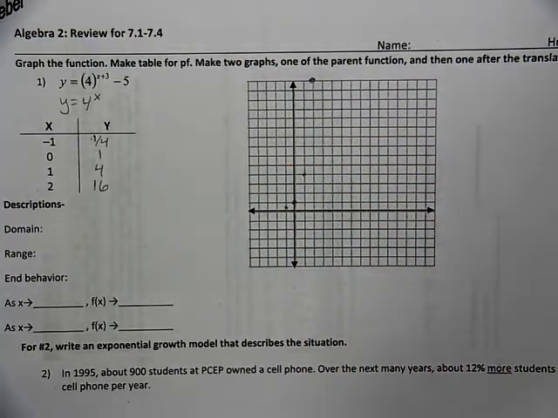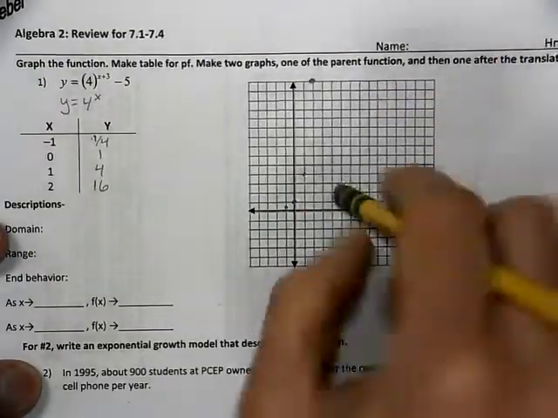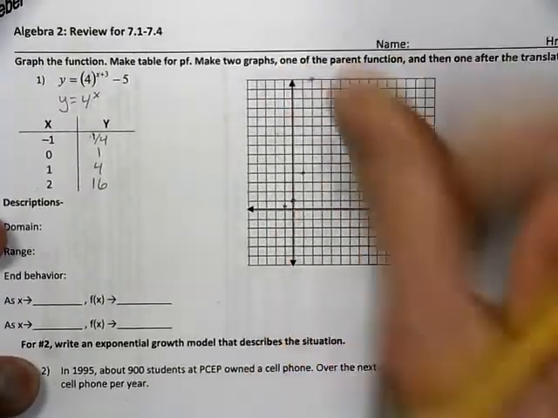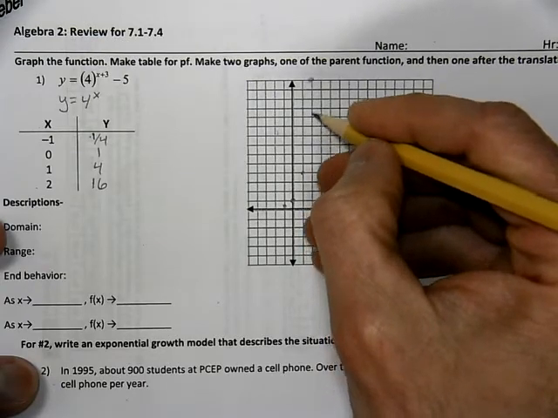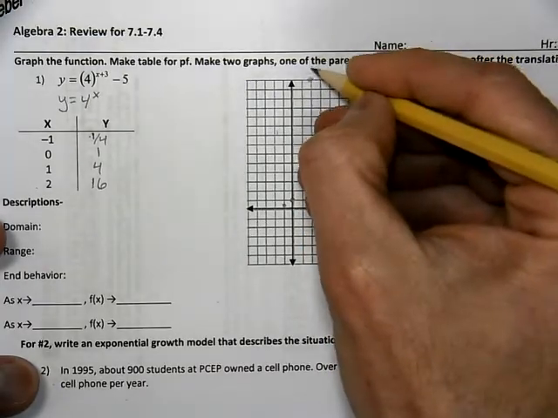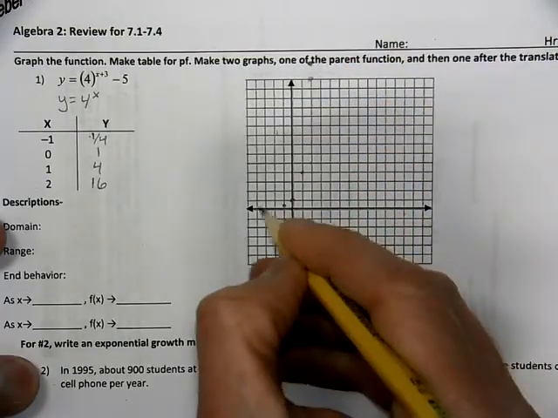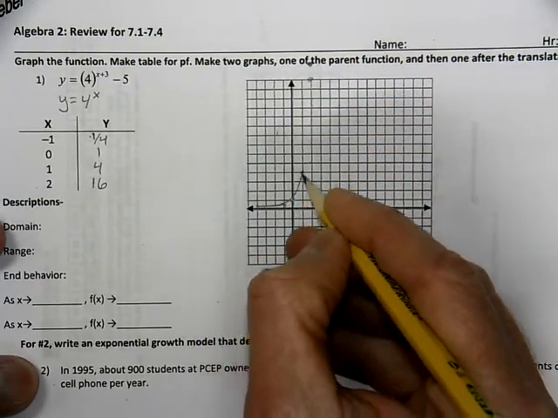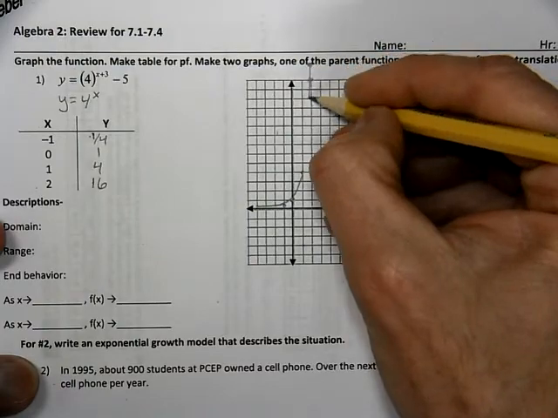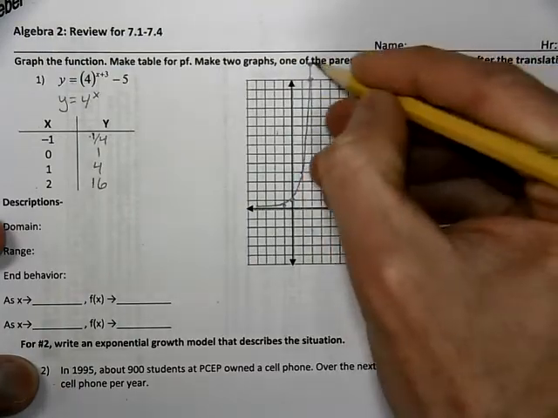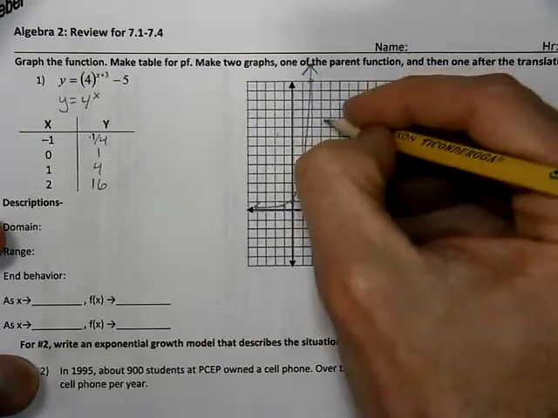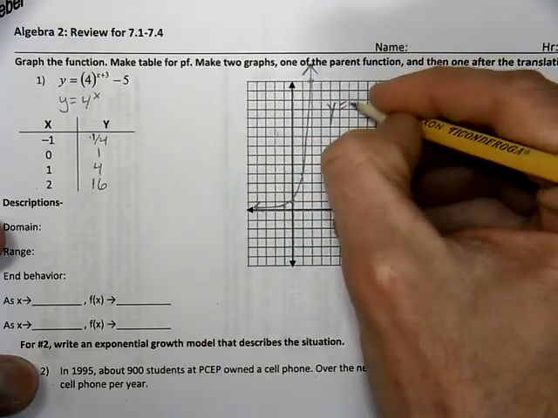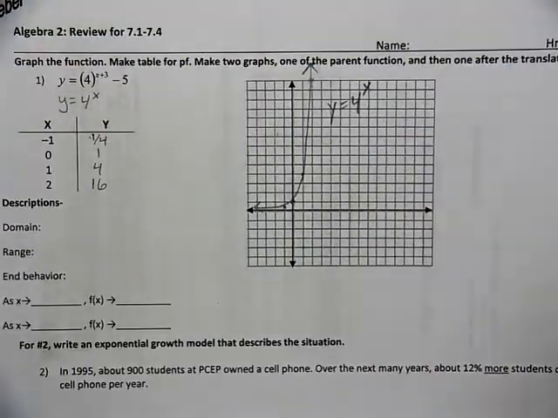At 2, we're at 16. So that's going to become y equals 4 to the x power.